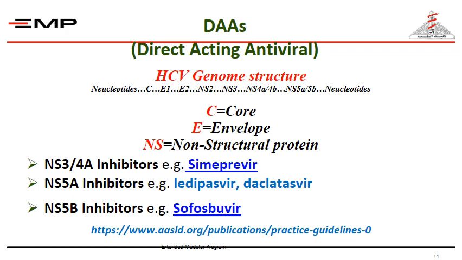NS3/4A inhibitors are inhibitors of the non-structural protein part, such as Simeprevir, while the non-structural 5A inhibitors are such as Ledipasvir and Daclatasvir, while non-structural 5B inhibitors are such as Sofosbuvir.